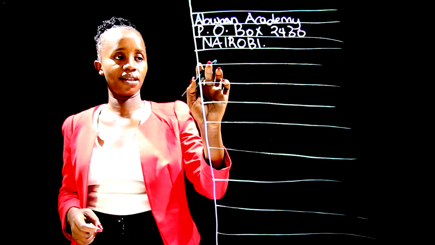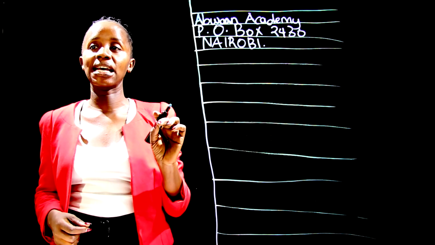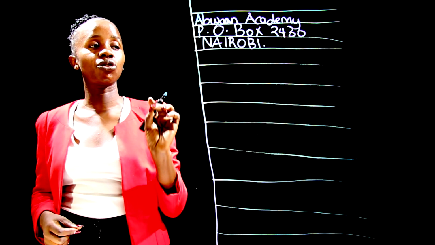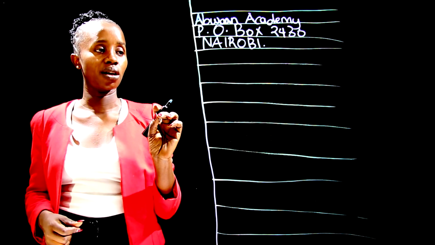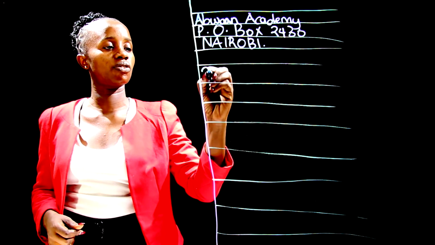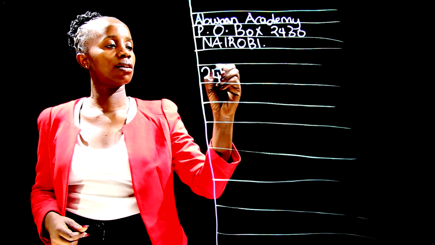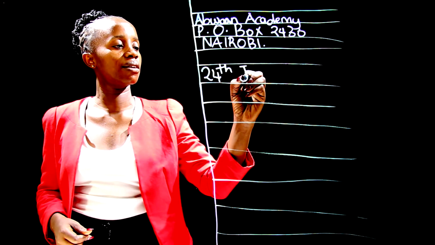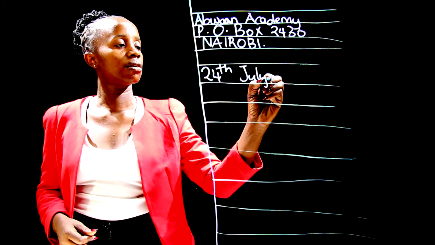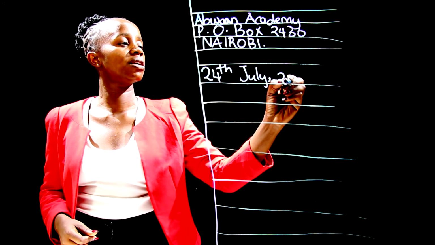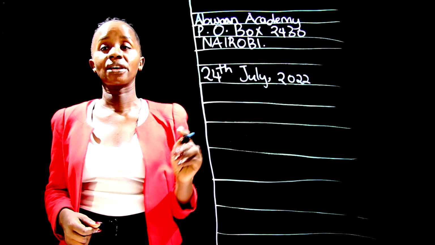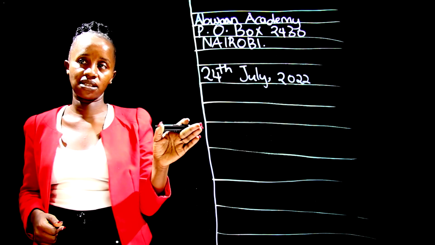You skip a line and write the date. Ensure that you've written the date in full. So let's assume that today is 24th July, 2022. Kindly note how I am writing the date.